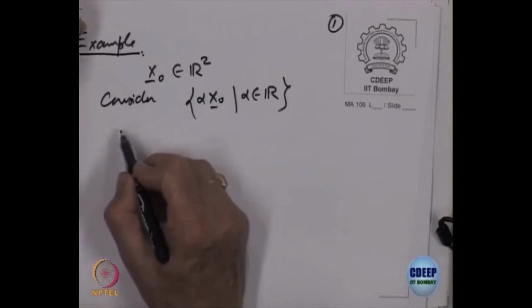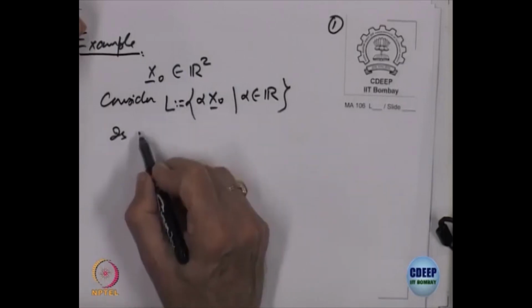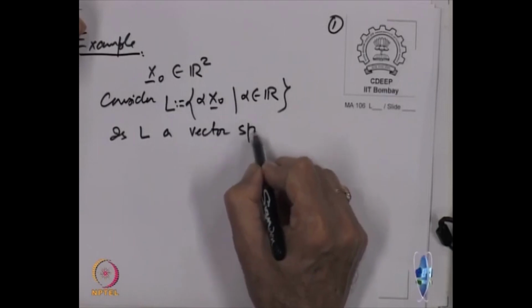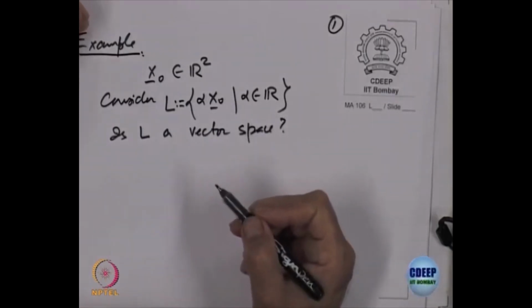Call it L. Is L a vector space? You want to know whether it is a vector space or not. So, how do I check it? Take two elements.